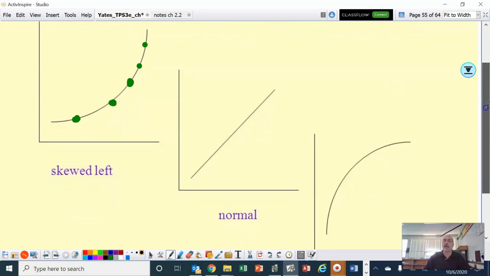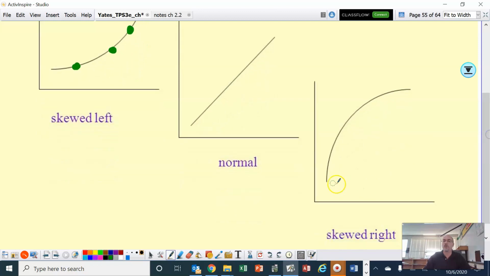Obviously, the straight line, anything that is pretty straight is approximately normal. And then this one, if it's curving like this, that indicates that it is skewed to the right. The dots are kind of going like that.